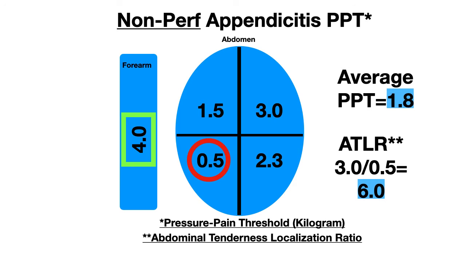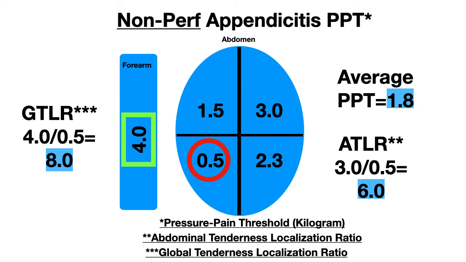Forearm readings, it turns out, are higher than the abdomen. So now we can come up with a global tenderness localizing ratio, comparing the forearm reading to the lowest threshold, in this case, ratio of 8.